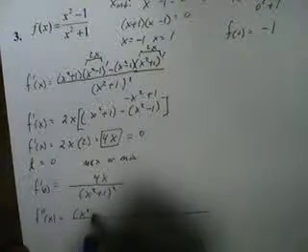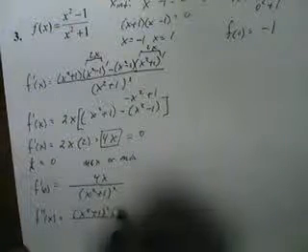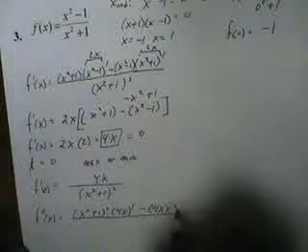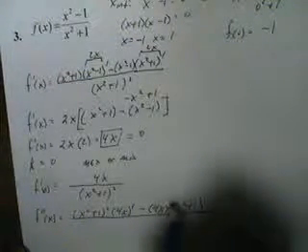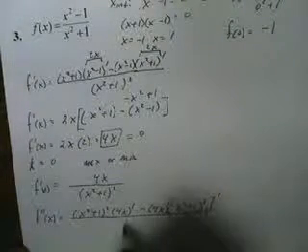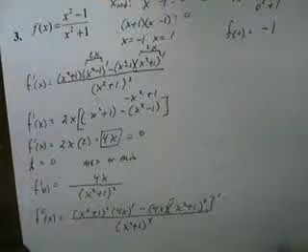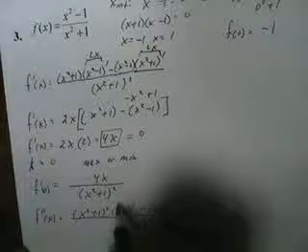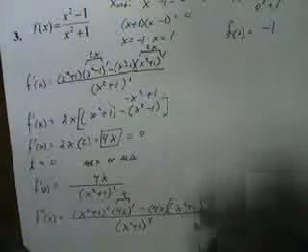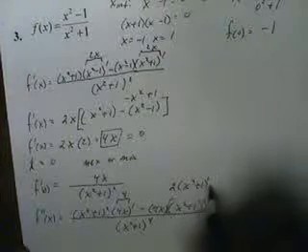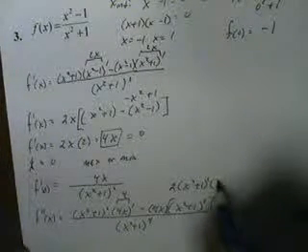We will have x squared plus 1 all squared times the derivative of 4x, minus 4x times the derivative of x squared plus 1 all squared, and then we'll square the denominator, which will give us x squared plus 1 all to the 4th power. Now the derivative of the 4x will be 4, whereas the derivative of this, with the chain rule, we're going to get 2 times x squared plus 1 to the first power, and then times the derivative of the inner function x squared plus 1.